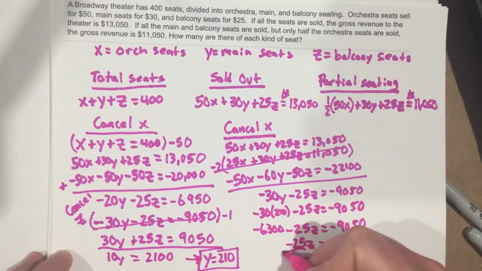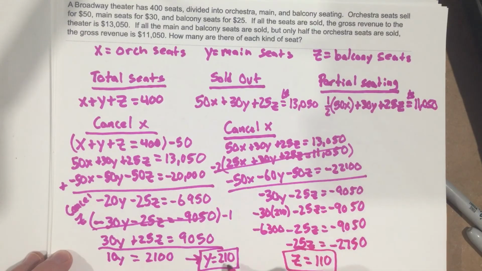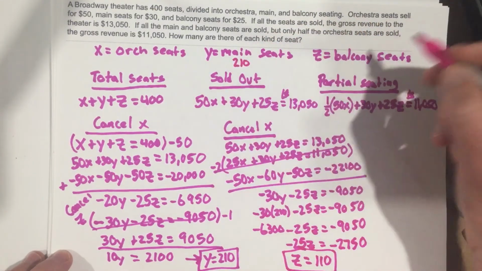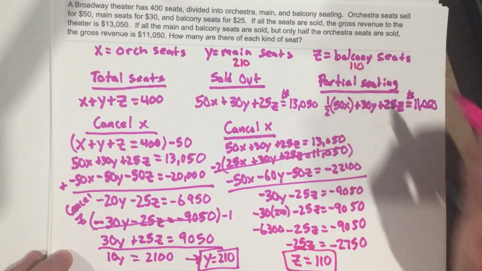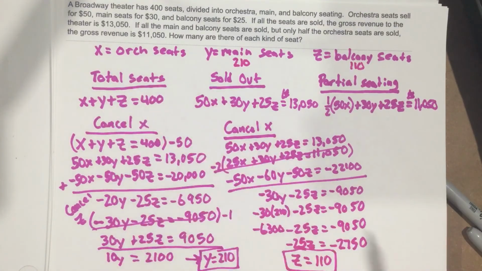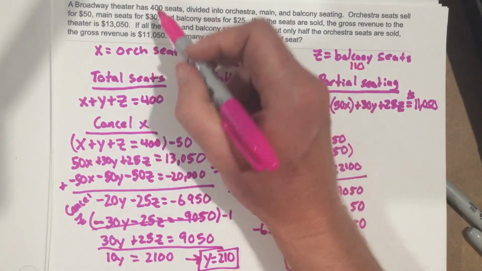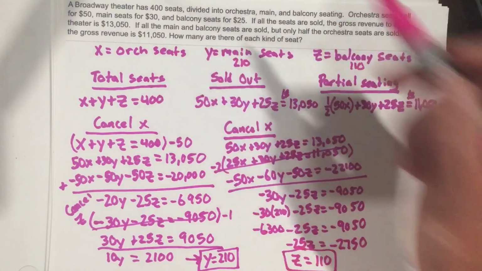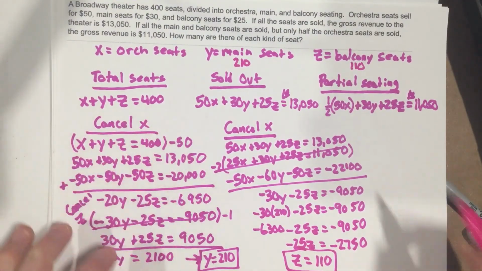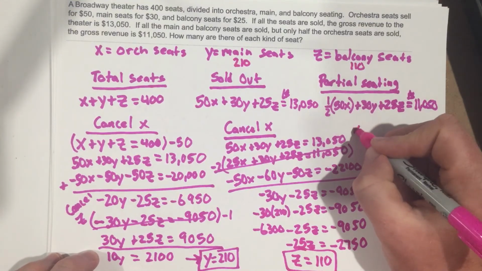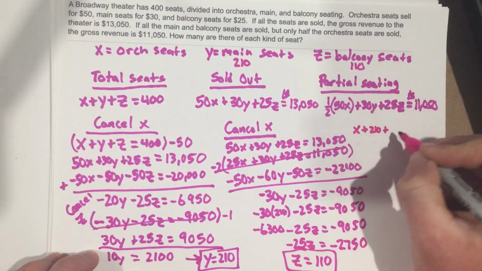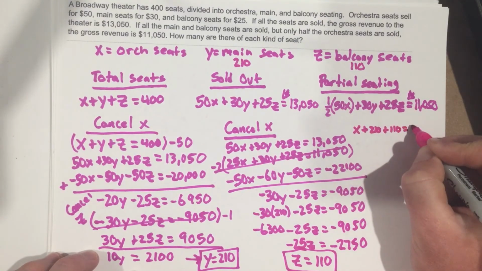So Z is 110. Remember, Y is the number of main seats, right? So we have 210 main seats. We have 110 balcony seats. So how many seats do we have for the orchestra seats? Well, we know if we take the total seats, which was 400, and we subtract them out, which is this equation here, we'll get our answer. So we're going to take X plus 210, which is Y, plus 110 equal 400.